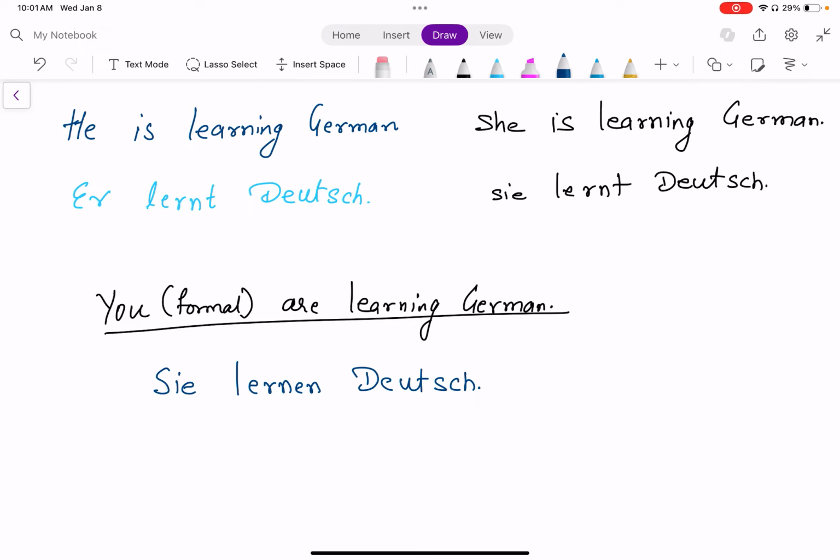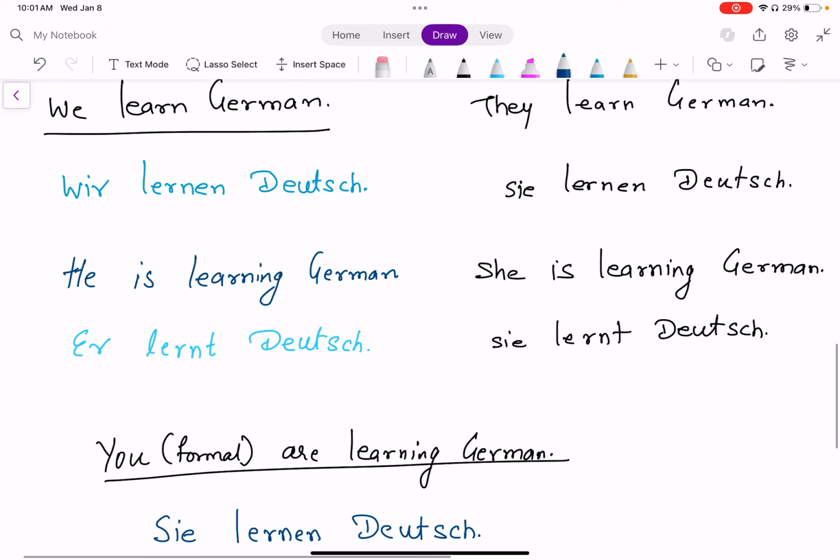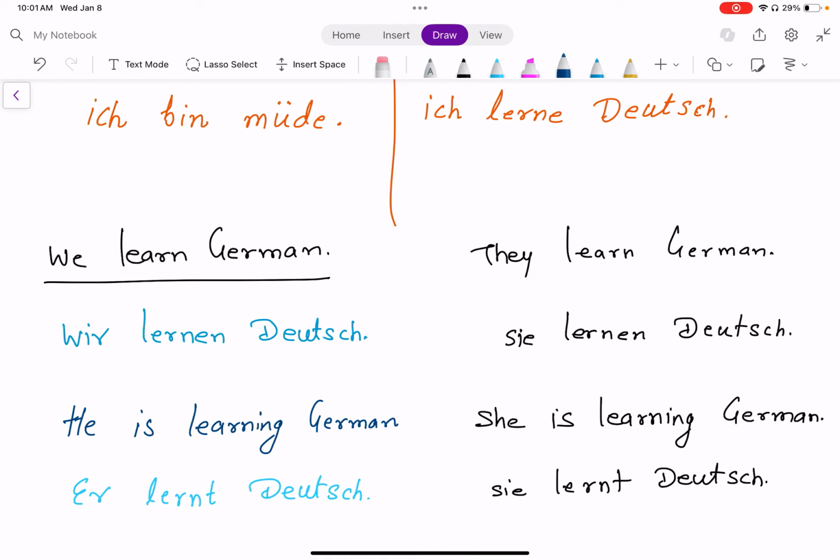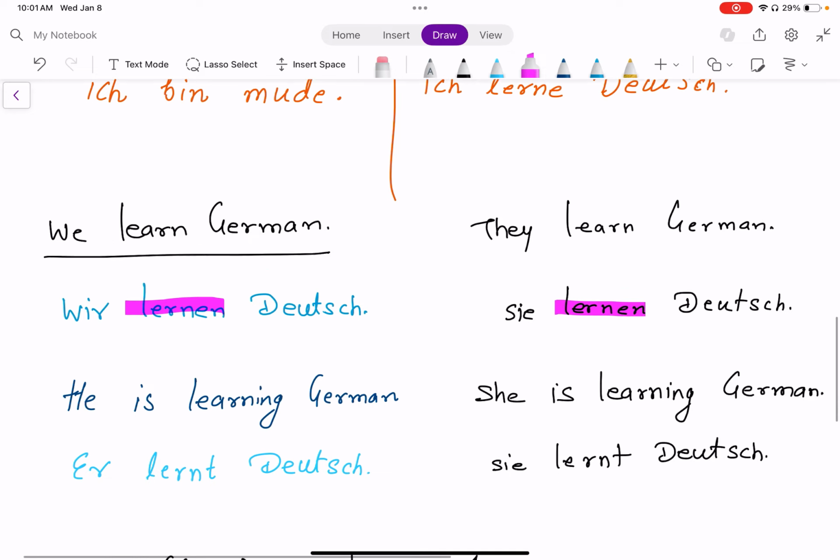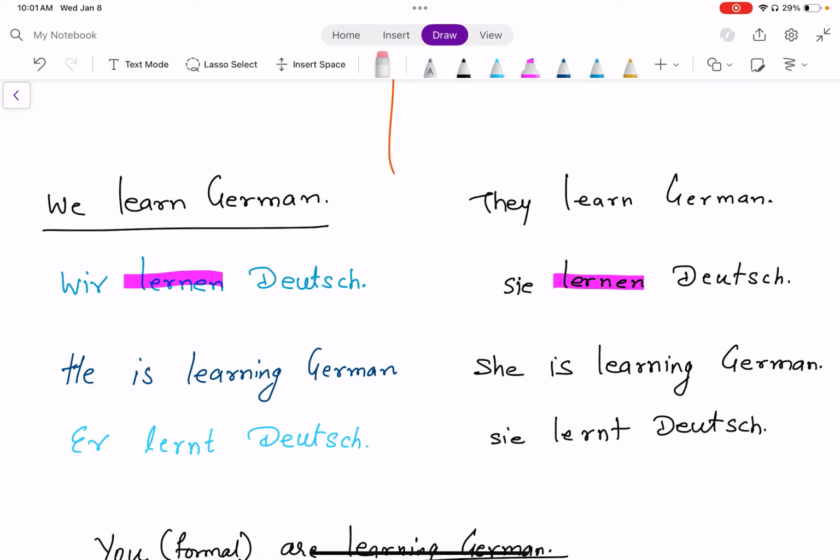Now, if you'll notice that with different subjects, like where we used lernt, with sie we use lernen, small s. This is small s, okay? Let me write it more clearly. This is small s.